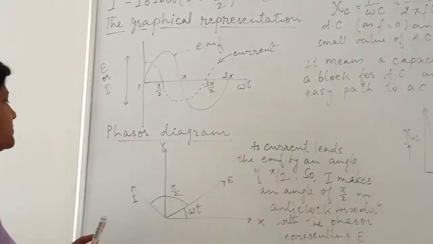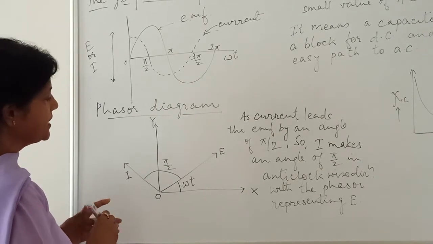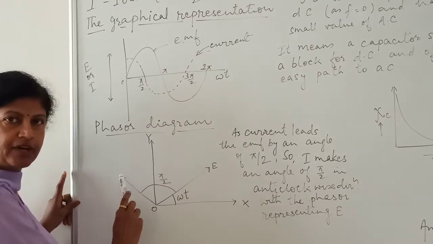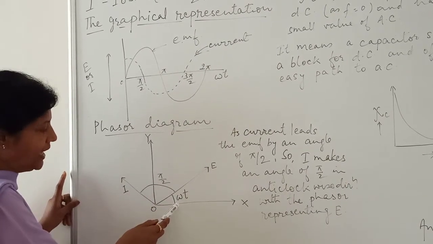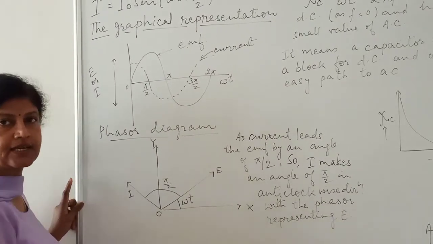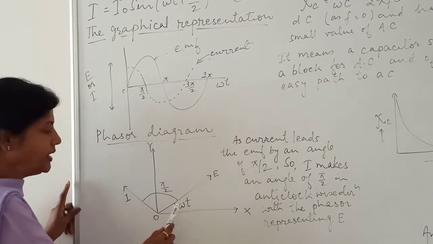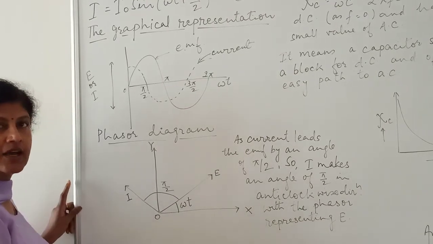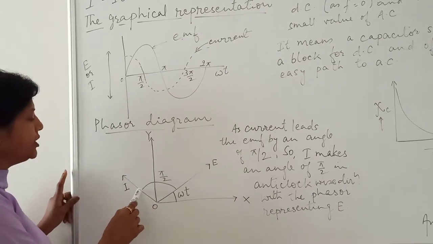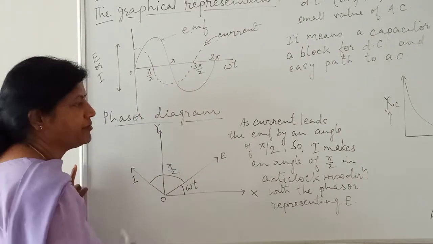Phasor diagram. You see this straight line will represent EMF, and EMF makes an angle of omega t with the x-axis, whereas the current makes an angle of pi by 2 with EMF.